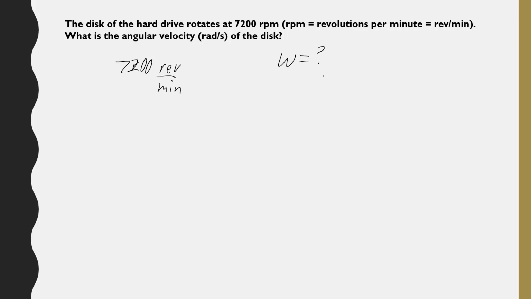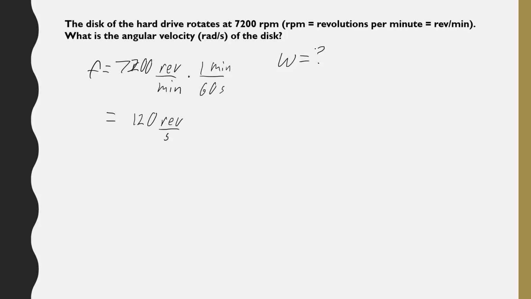You might want to make note of that. This is essentially a frequency. Normally frequencies are given in revolutions per second though, so we do want to convert this. In 1 minute there are 60 seconds, and so we get 120 revolutions per second, or 120 hertz if you will. So there's our frequency.